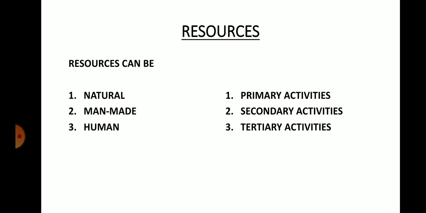Now the resources are classified into three major divisions. One is natural resource, next one is man-made resource, and the third one is human resource. So the resources are classified into three categories: natural resource, man-made resource, and human resource.